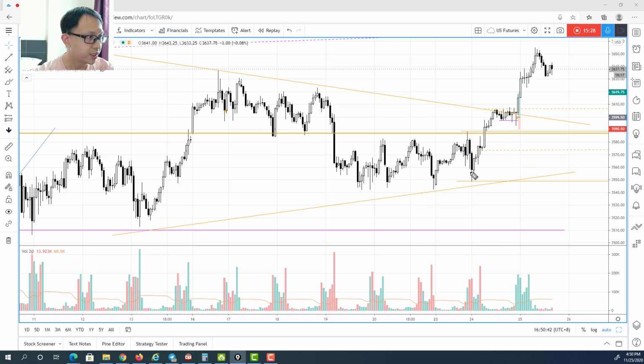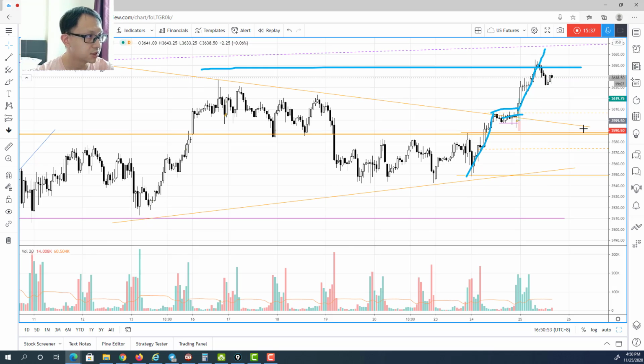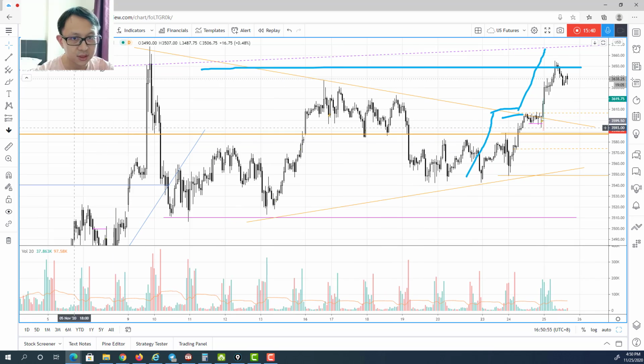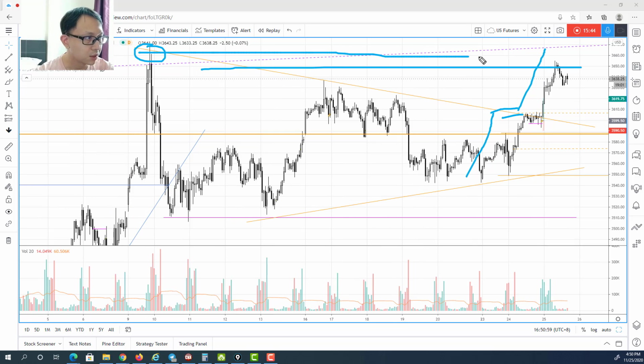If we're breaking out, then we definitely see some continuation to the upside to test the previous swing high level, followed by this all-time high level at about 3660 or 3670. So here is the all-time high level. I'm sure that we're going to see at least a push, a test, and probably followed by another reaction and consolidation. So maybe something like this, and continue to trend up.